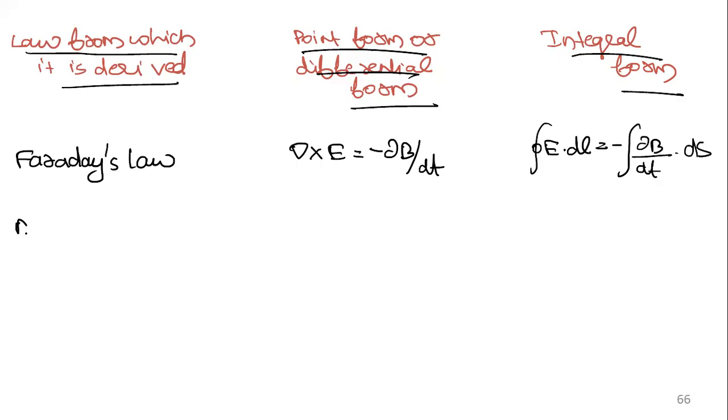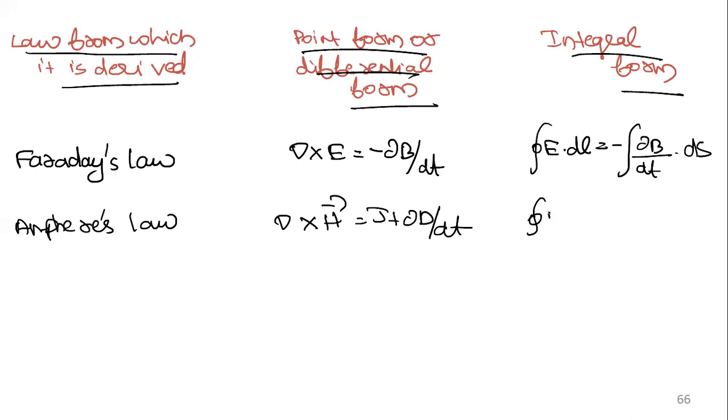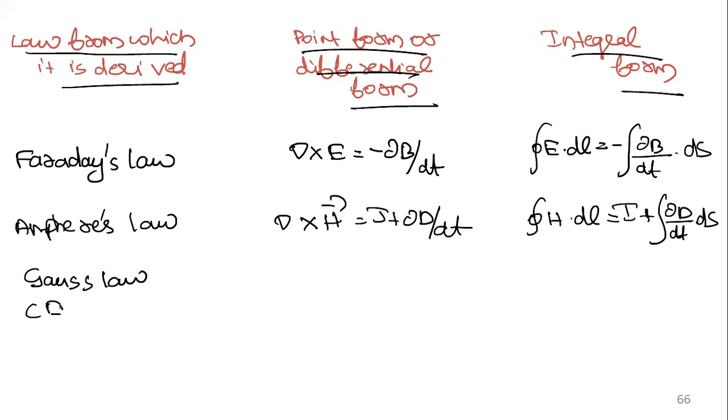And when it comes to Ampere's law, del cross H is equal to J plus dou D by dou t, and integral H dot dl is equal to I plus integral dou D by dou t. So we brought in conduction and displacement current and all. We have just derived now. Then Gauss law in electric field.